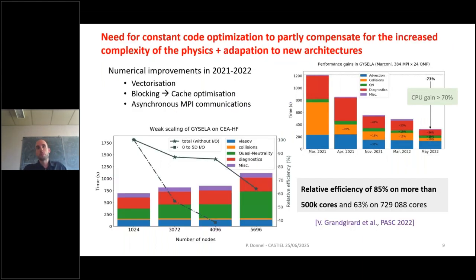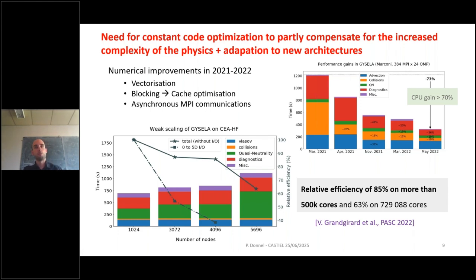But of course, because the complexity increased, the numerical cost of the code increased accordingly. So we always try to improve the numerical efficiency to compensate for the increase of complexity due to the improvement of the physical model.